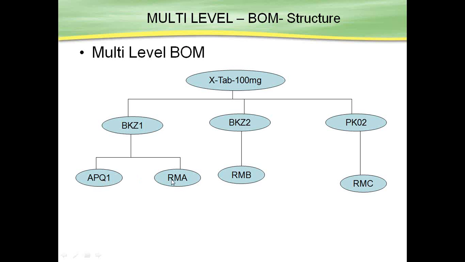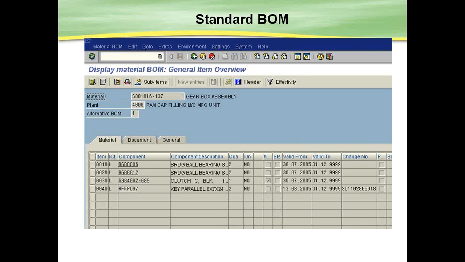So how will the system come to know? First of all, we will produce BKZ1 with the help of raw material APQ1 and RMA, and finally the BKZ1 material will be used for producing my 100 mg tablet. This is called the multiple level bill of material.